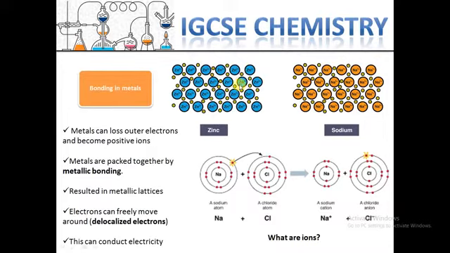Here you can see the picture for the bonding in metals. Two examples I put here, like zinc or sodium. So here, when a neutral metal loses its electrons, it converts to a cation, or positively charged ion, and they can pack together, and the electrons which they lose can freely move around.